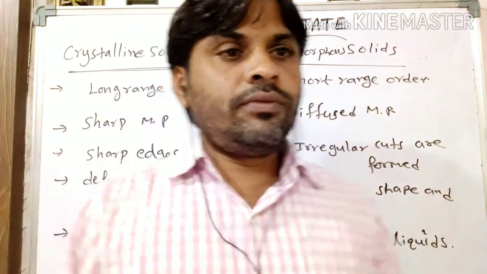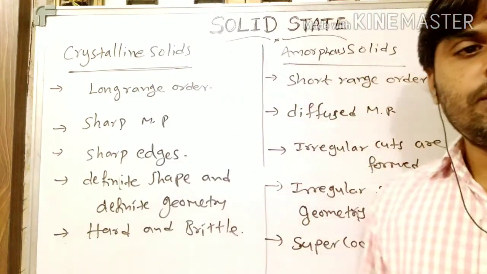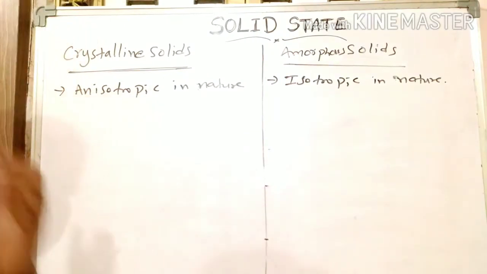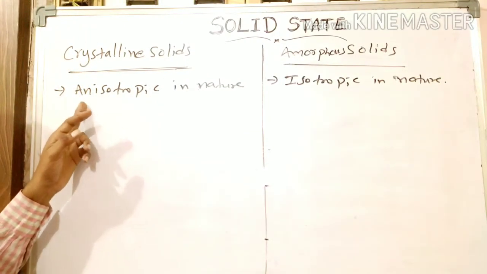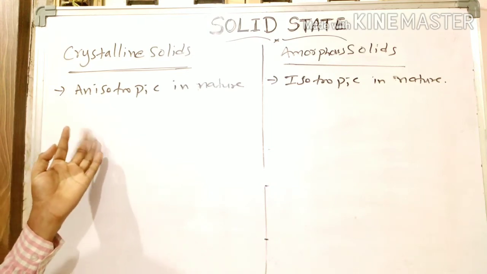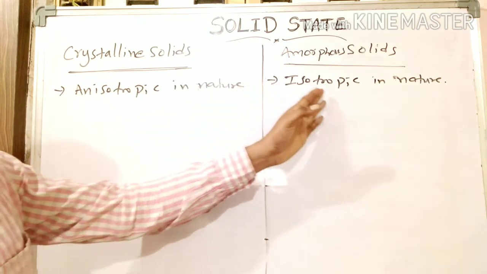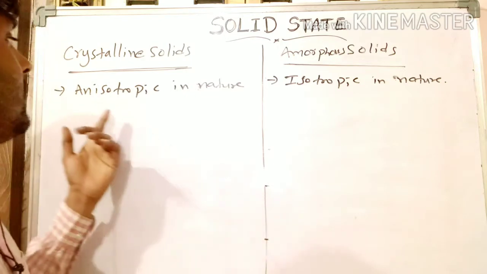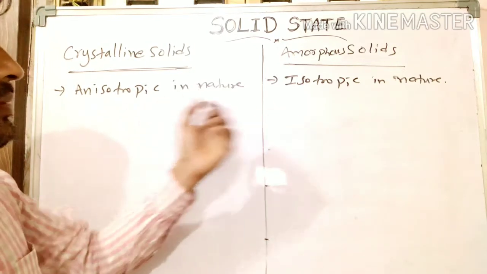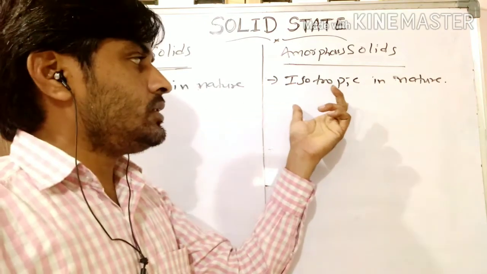Next, a very important difference: crystalline solids are anisotropic in nature, and amorphous solids are isotropic in nature. So what is anisotropic and isotropic? First, isotropic.